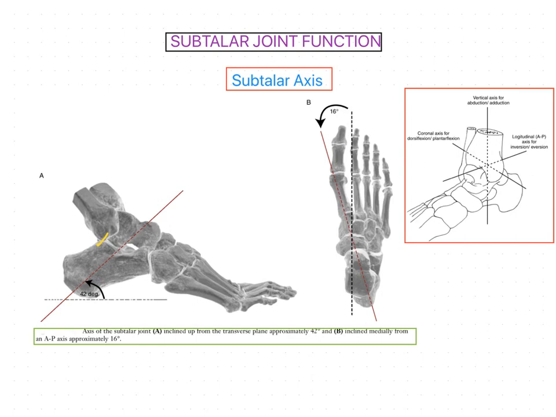So motion of the talus is therefore a complex twisting or screw-like motion that can continue only until the posterior, anterior and middle facets can no longer accommodate simultaneous and opposite motions. So this results in triplanar motion.